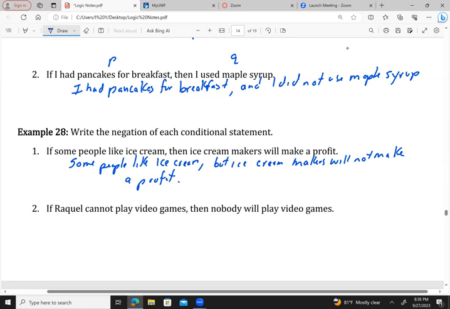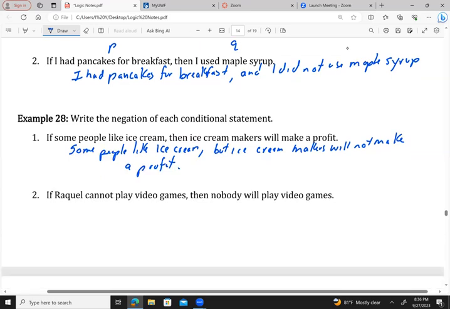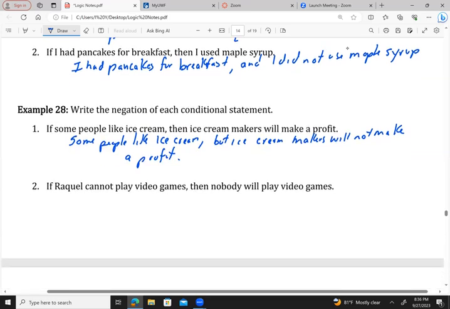So we're negating "ice cream makers will make a profit," and we're using the but connector here instead. If Raquel cannot play video games, then nobody will play video games. So we say Raquel cannot play video games.